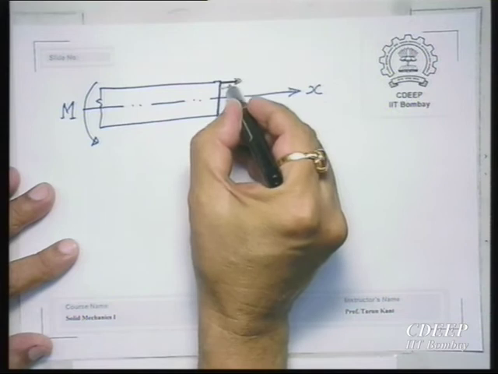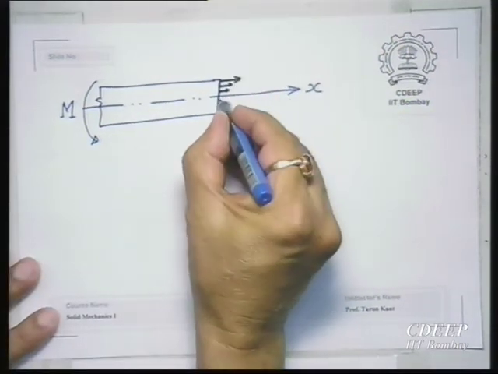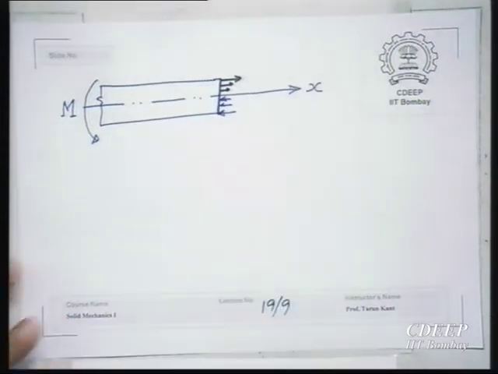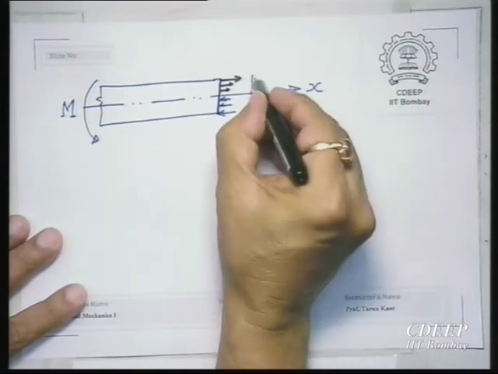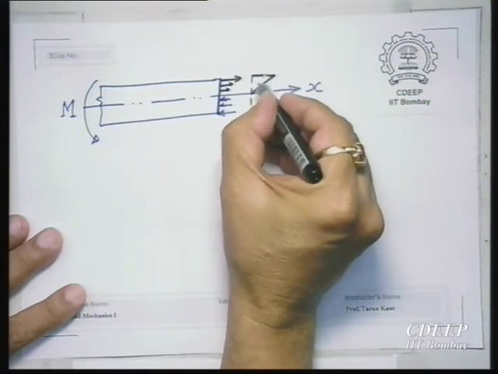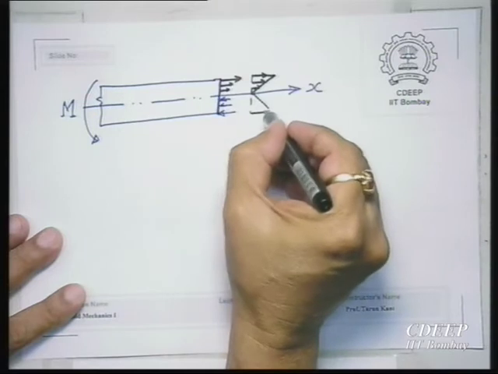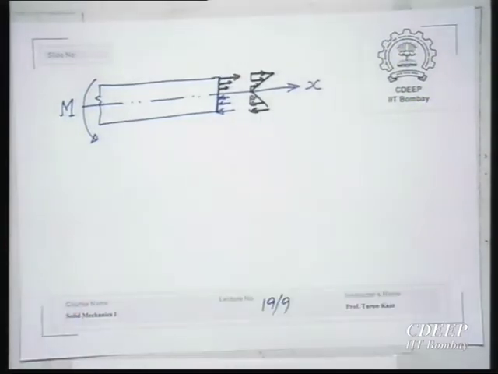It varies like this, and then at the bottom it will be varying like this. So stress variation will be something I can draw here again. It will be like this, and then at the bottom just the reverse, compression.